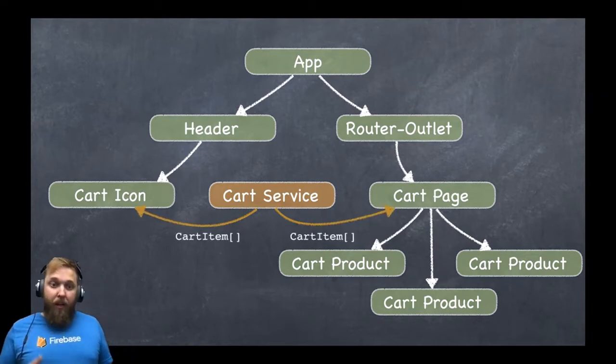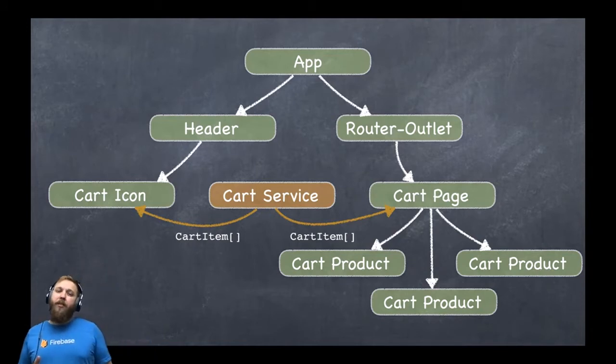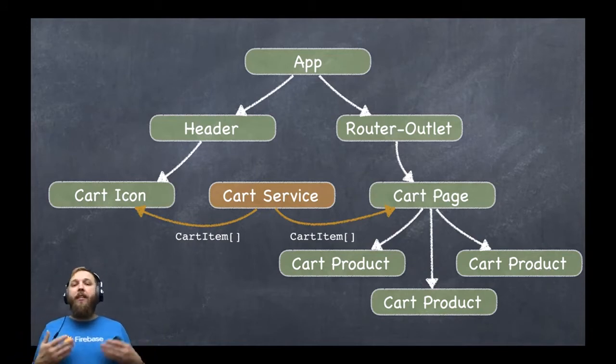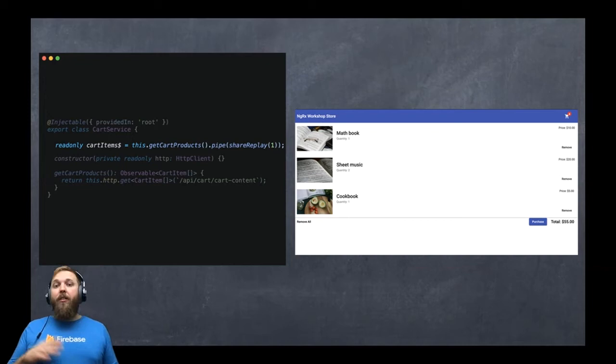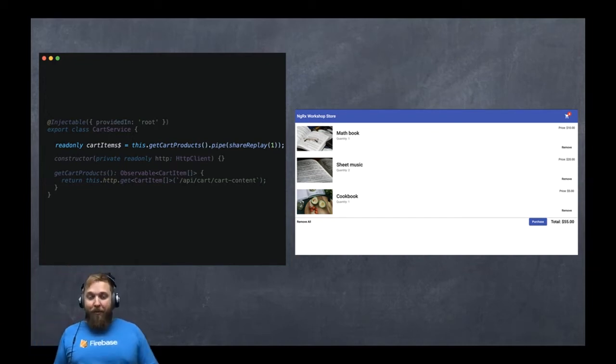But how can we do this without duplicating these HTTP calls? Because remember, every time we call get cart products, it will call the endpoint to give us this observable back.